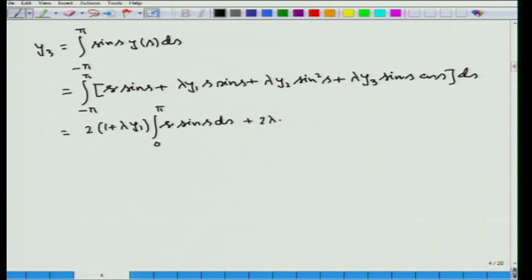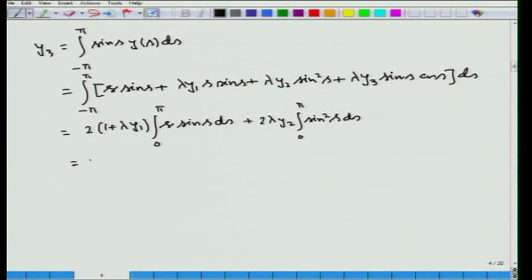lambda y 2 integral 0 to pi sin square s ds, and the last integral is again equal to 0 because sin s cosine s is an odd function.